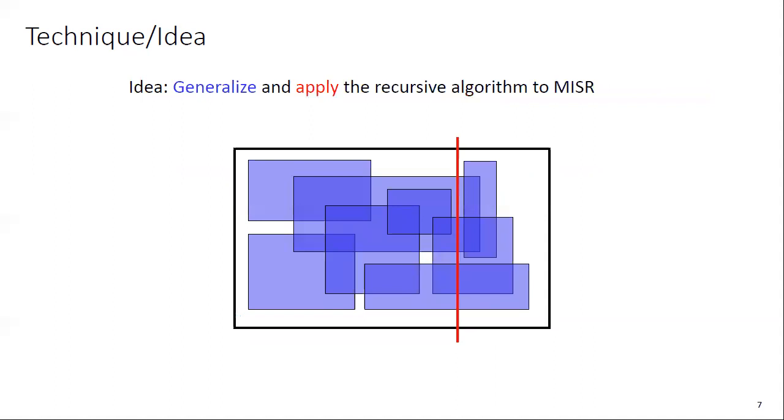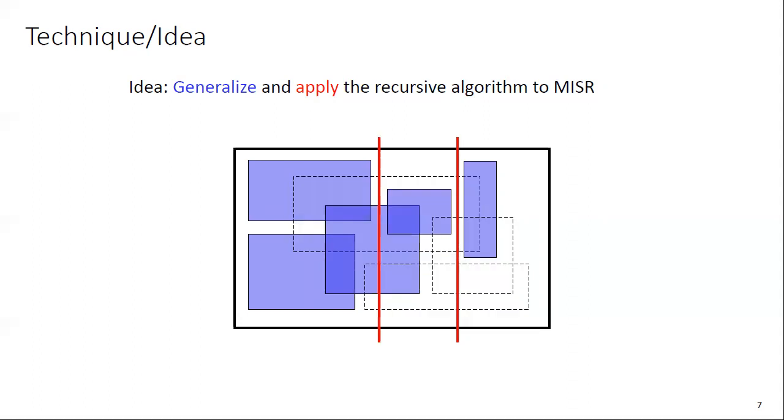Okay, let's try to generalize this idea to rectangles. Here we would cut in two dimensions, with a vertical cut like this, or maybe horizontal. So what happens if we do that? Here we cut, and we have to get rid of this rectangle and this rectangle.